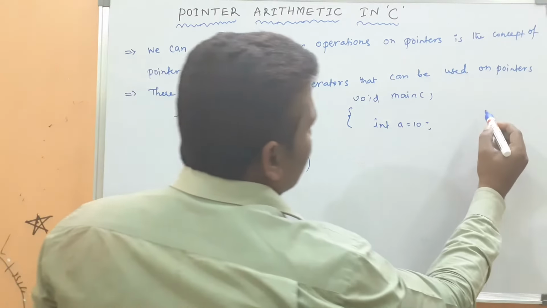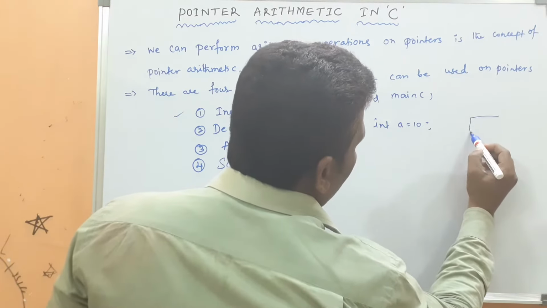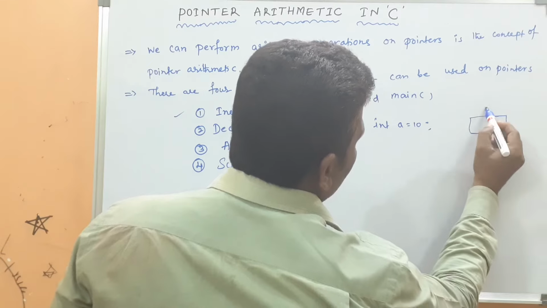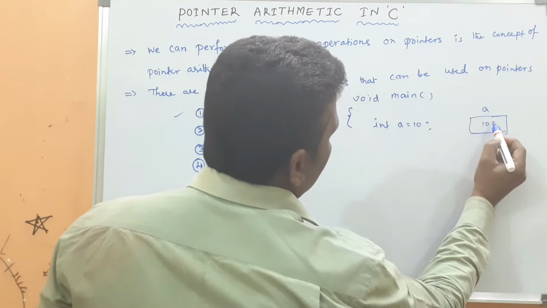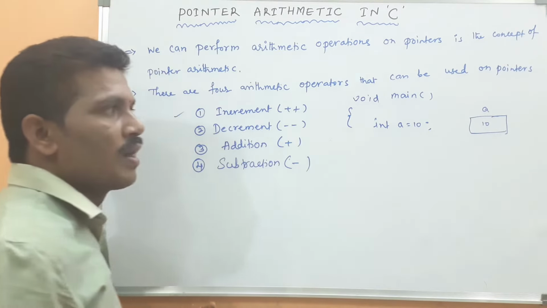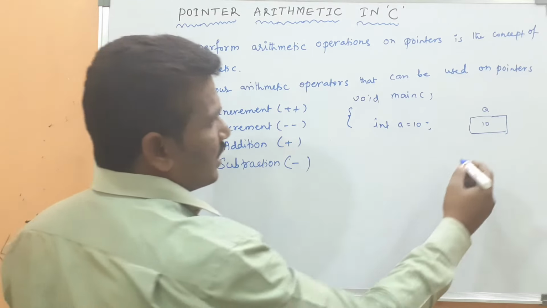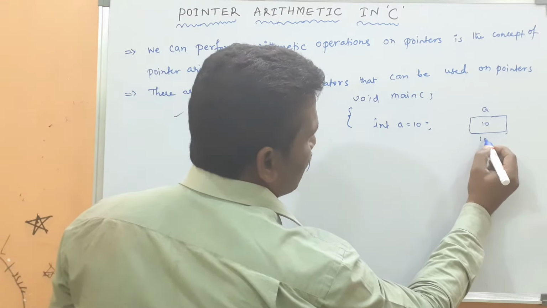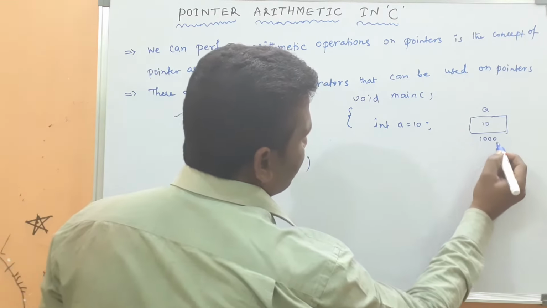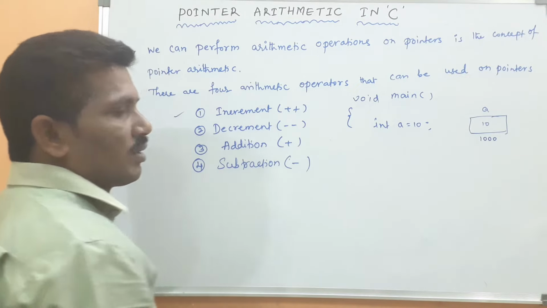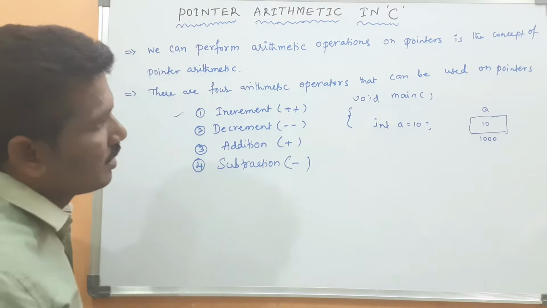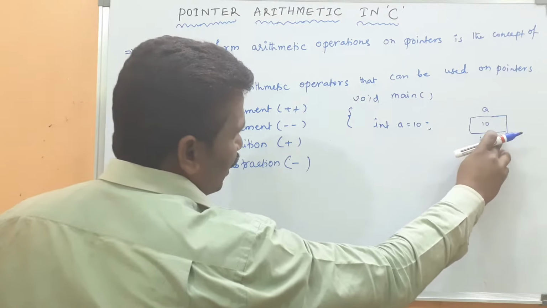Here, for example, a is 10. Suppose its address is 1000, or 100, whatever.